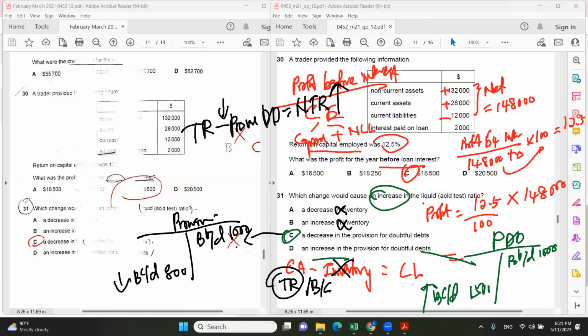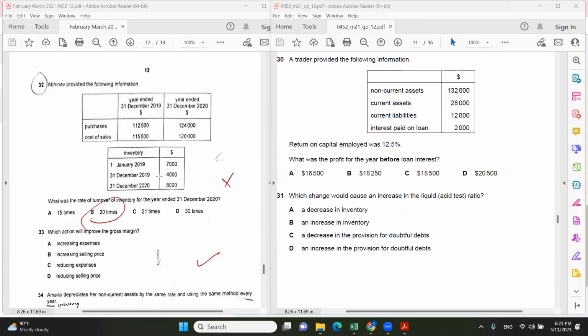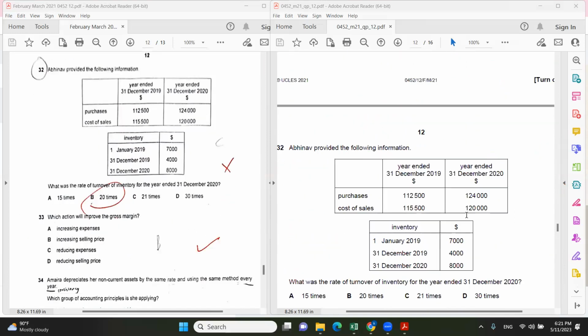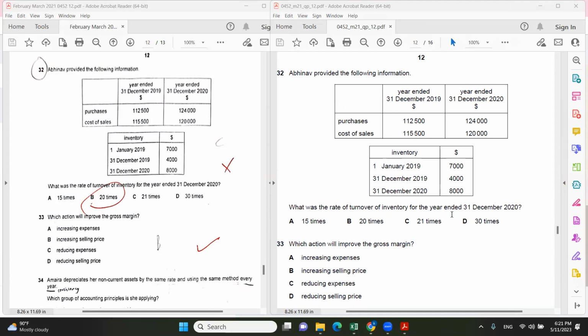Okay, next. What was the rate of inventory turnover? So here we have a formula.